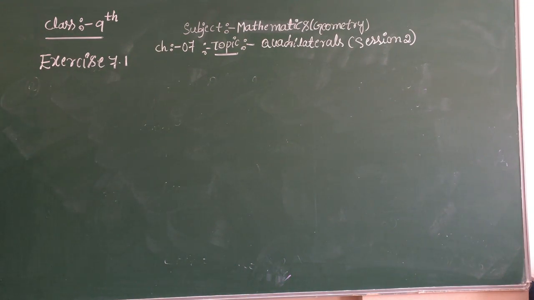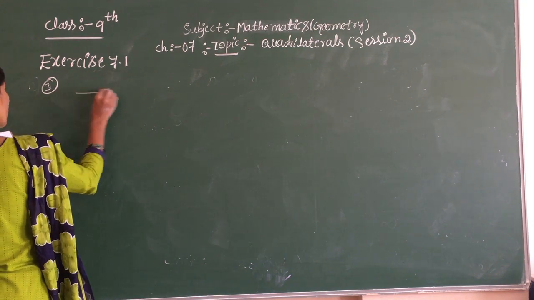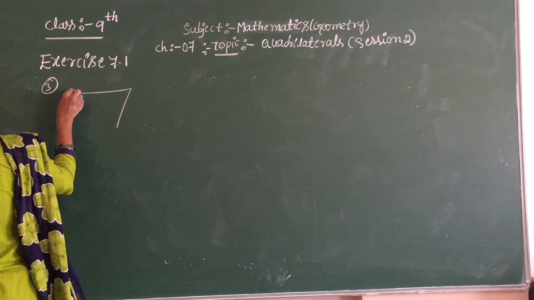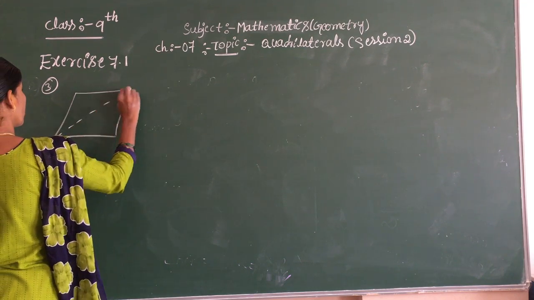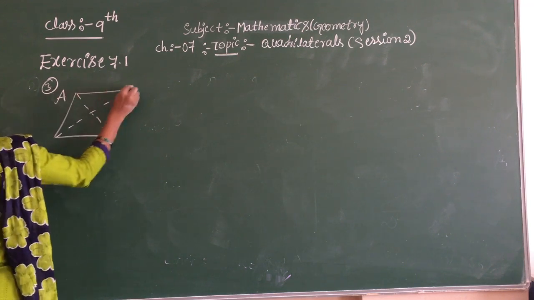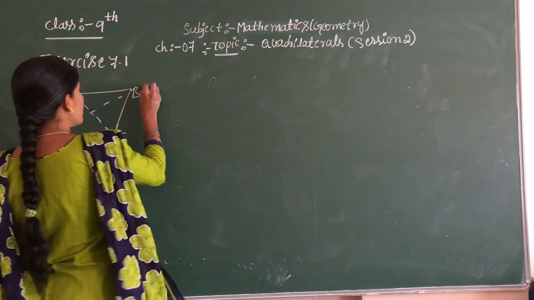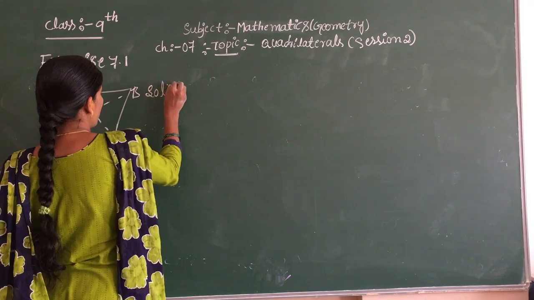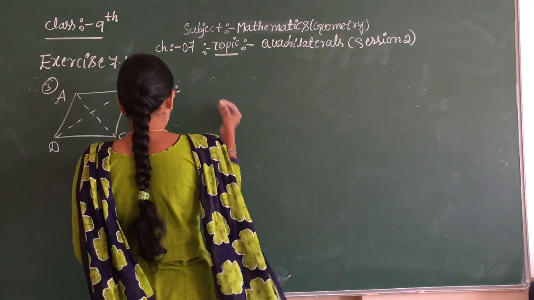To draw the figure, you should give the names A, B, C, D. Let us write the solution. ABCD is a quadrilateral.